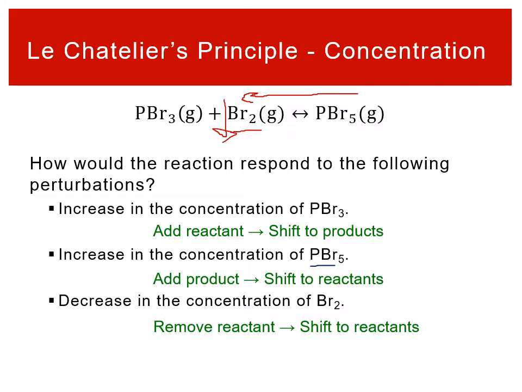So we would expect that overall the PBr5 amount would decrease and the PBr3 amount would increase. So you would replace the lost Br2 at the expense of the PBr5, those product molecules, making additional PBr3. So we can think, what do I not want? What do I want? How can I add things in, remove things to drive the changes that I want to cause?